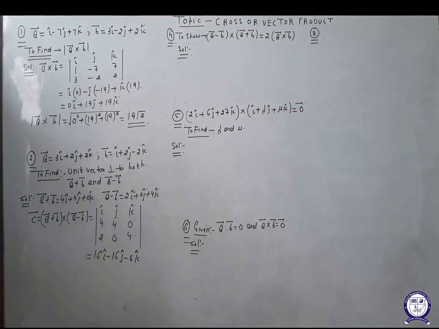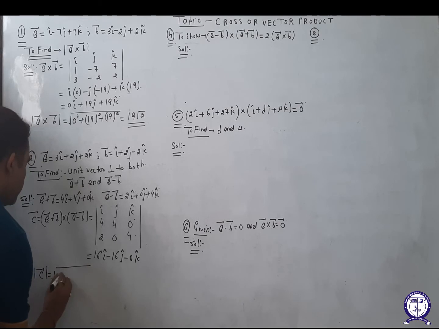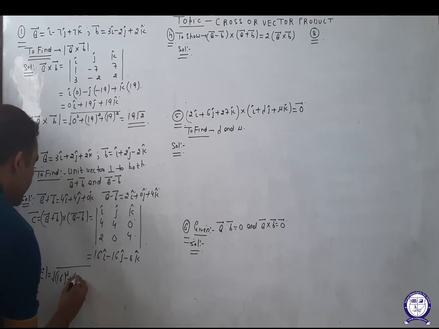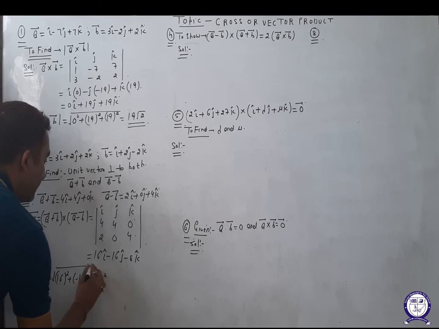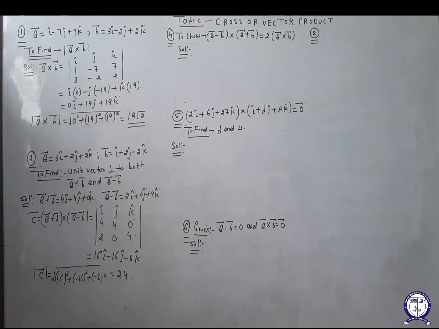But we need a unit vector, that's why get its magnitude. It is root 576, which becomes 24.